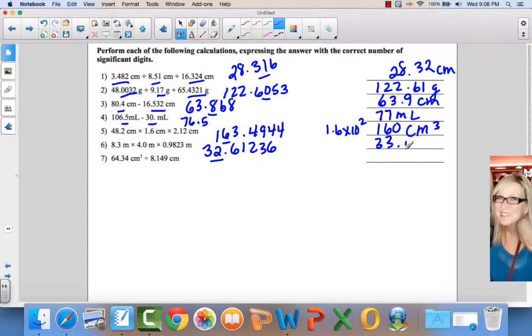And meters, meters, meters is meters cubed. And the last one, 64.34, 4 sig figs, 8.149, 4 sig figs. So my answer is going to have 4 sig figs.